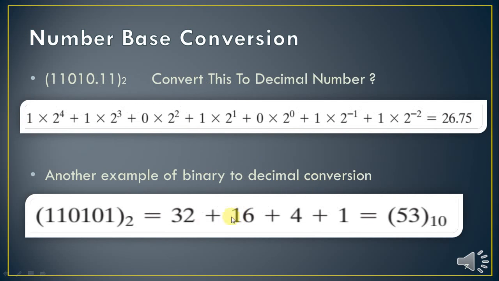Another example of binary to decimal conversion is as follows. Here is a number, 110101, which can be converted to decimal. The simple way of converting a binary number into a decimal number is as follows. The 0 in the binary number can be neglected, but the positions must remain the same. Here it starts with 1 and 2 to the power 0. 2 to the power 0 is 1, and the 0 can be neglected.